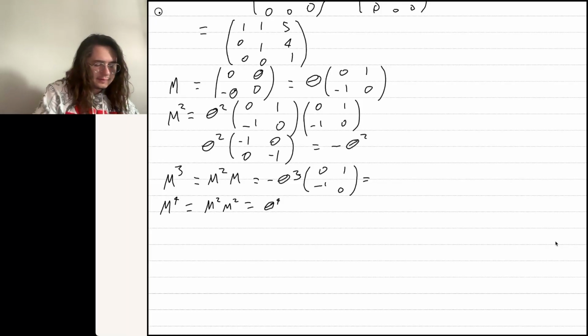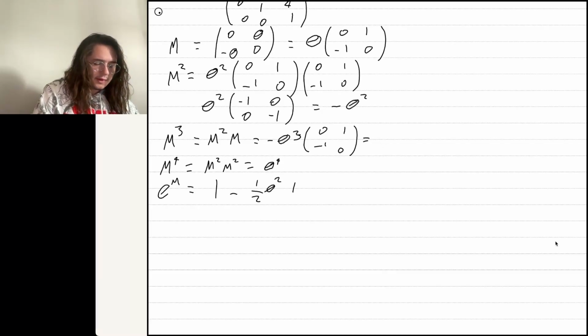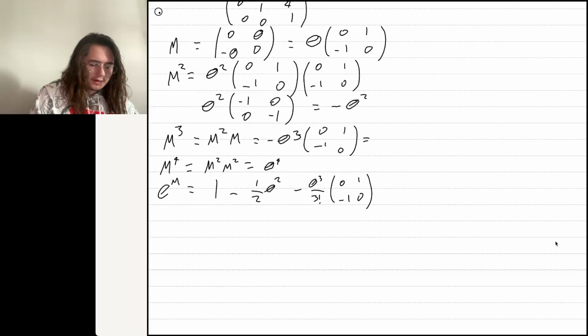So it looks like the Taylor expansion of this is the identity element plus 1/2 of theta squared, so actually minus 1/2 of theta squared times the identity element, plus, this is also minus theta cubed over 3 factorial times the original matrix, and then the fourth element is theta to the fourth over 4 factorial.